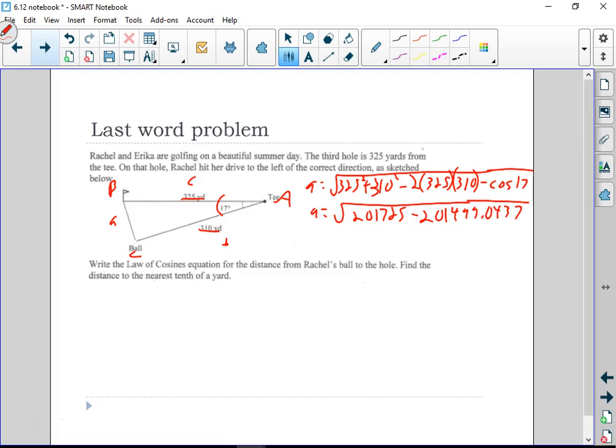So now I'm going to do the square root of 201,725 minus 201,499.0437. So A is equal to 15.03 rounded. So it's 15.03.